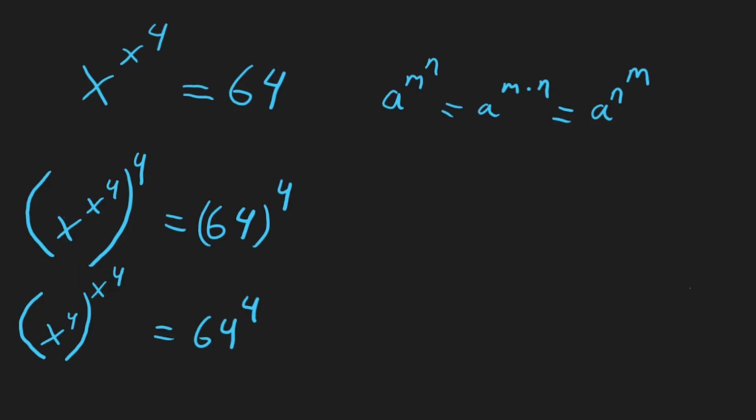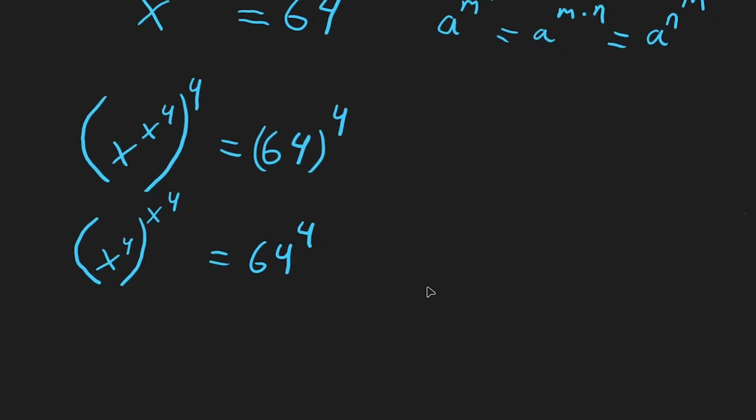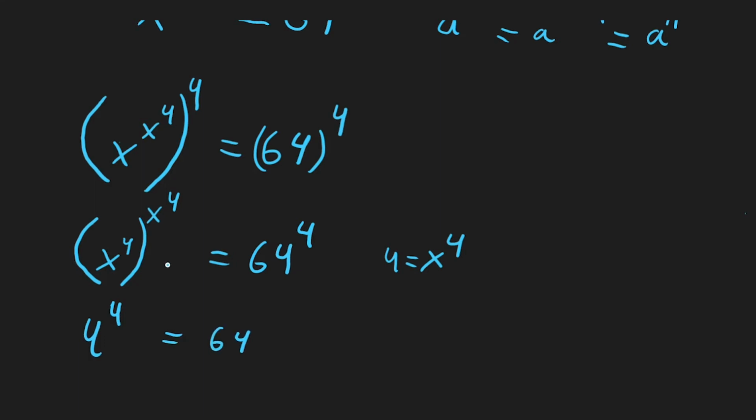All right, so what can we use this for? Now we can write this in another way if we define, let's say, u equals x to the fourth. Then we can write this as u to the power u equals 64 to the power four.